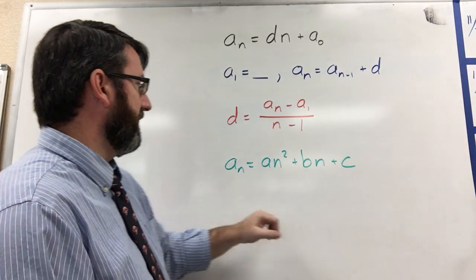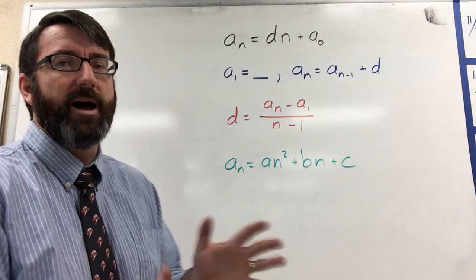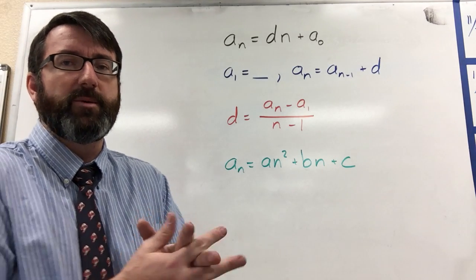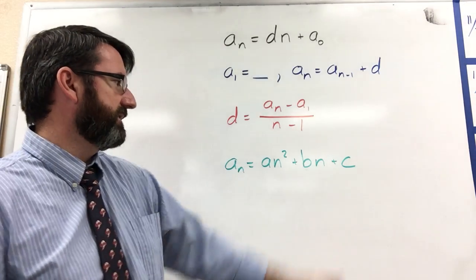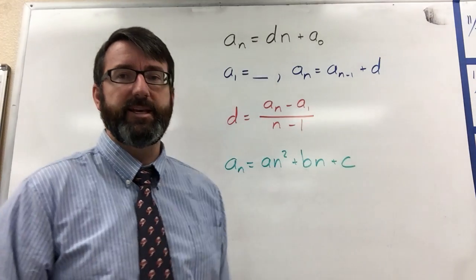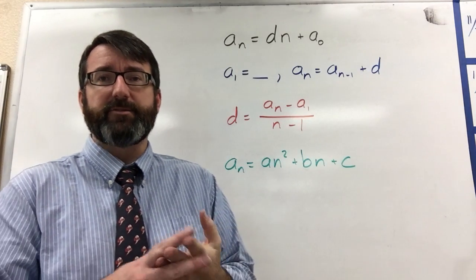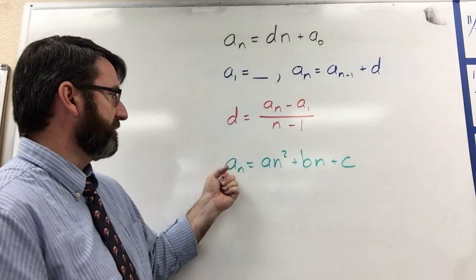And then finally, when we have a sequence that's not arithmetic but is quadratic, we're going to use this formula. A sub n equals a n squared plus b n plus c. And you need to have at least 3 terms of the sequence and use those terms, plug those in.